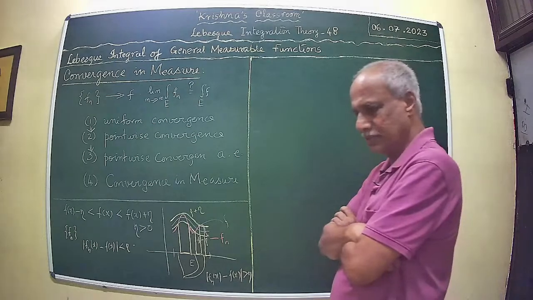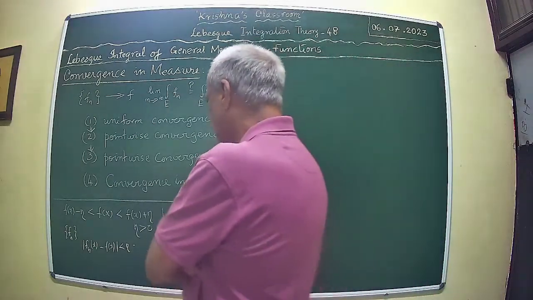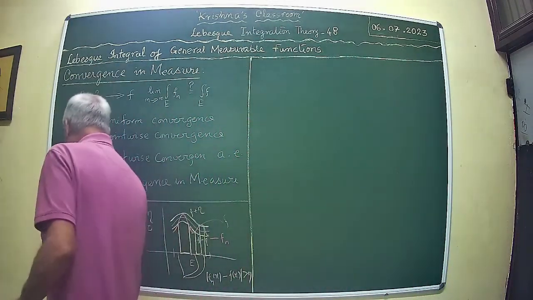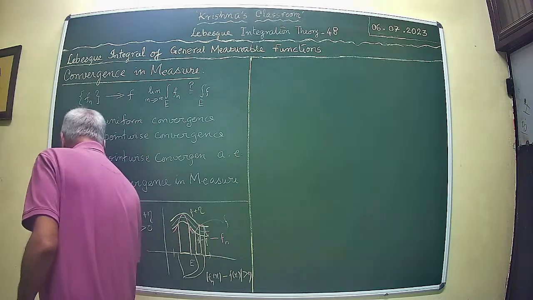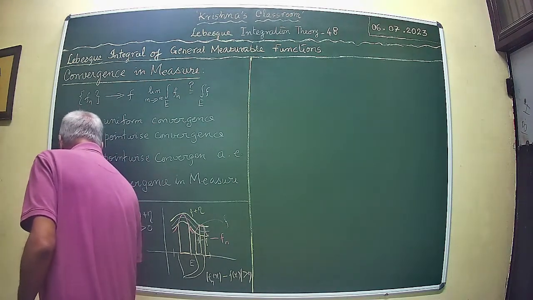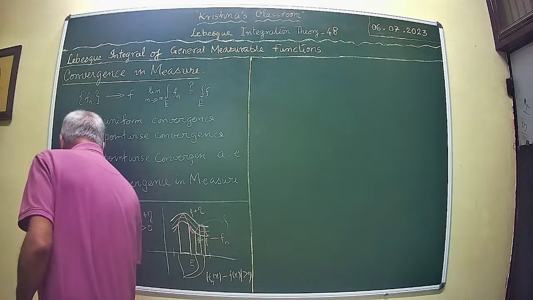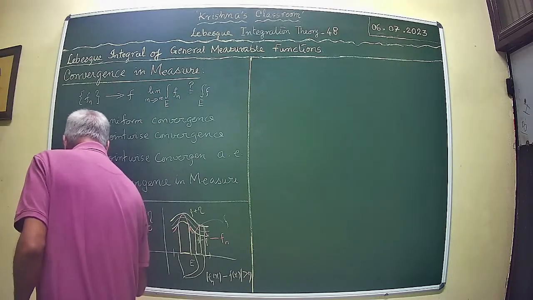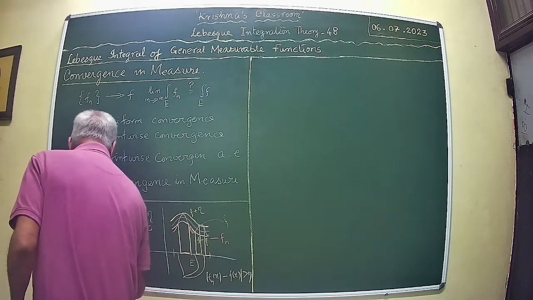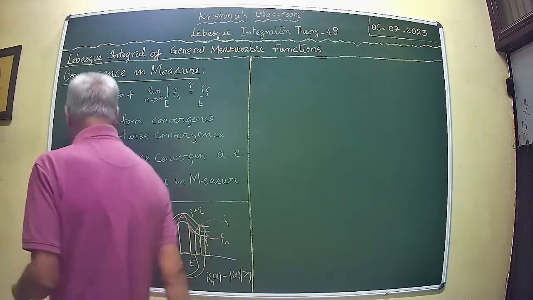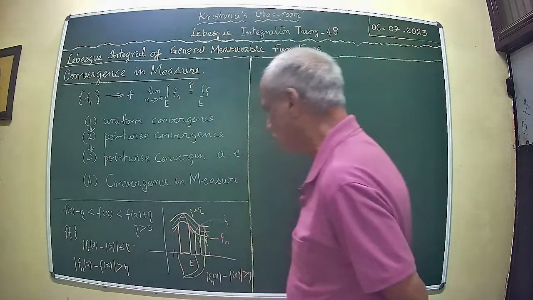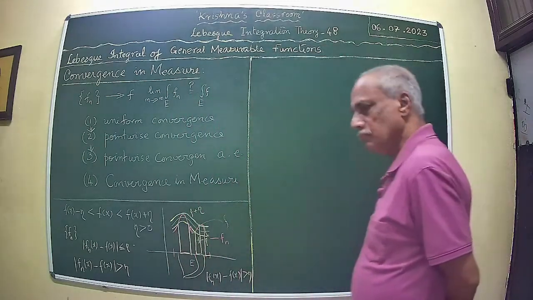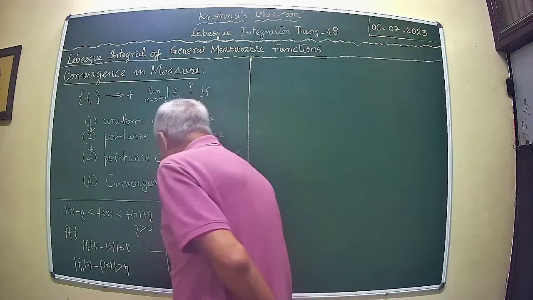So you see that the complement of this, that means the region where modulus fn(x) minus f(x) is greater than eta, will be this portion that I have marked.